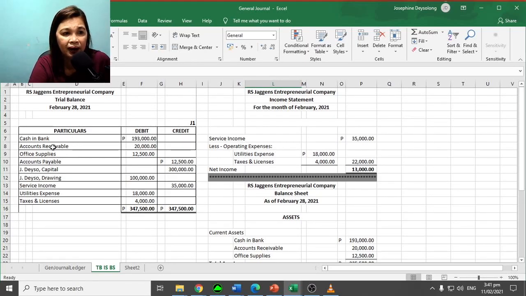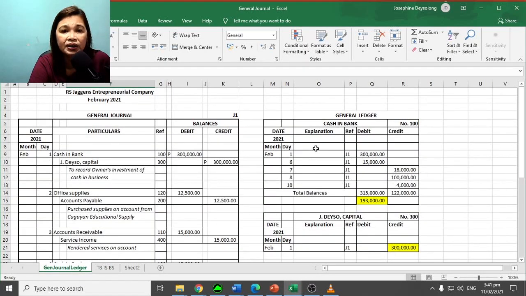I have cash in bank, accounts receivable, office supplies, accounts payable, J-Day-So capital, J-Day-So drawing, service income, utilities expense, and taxes and licenses. Now, where did I get these account titles? Of course, the account titles here are from the general ledger. And the general ledger comes from the general journal.